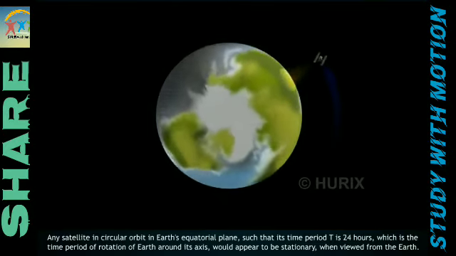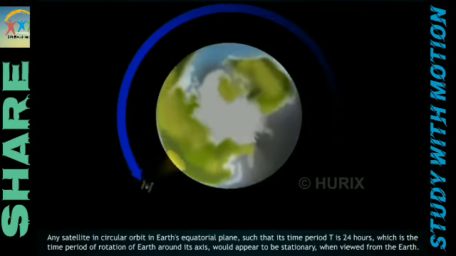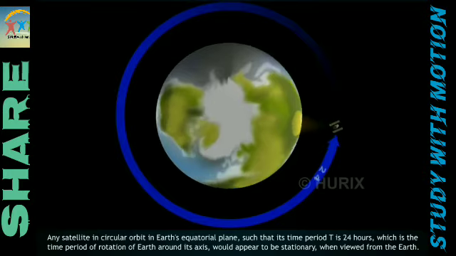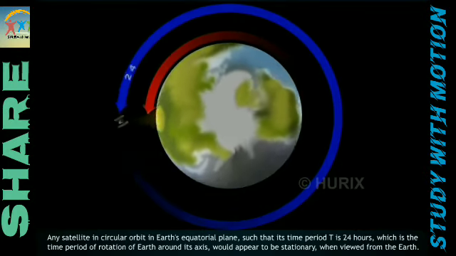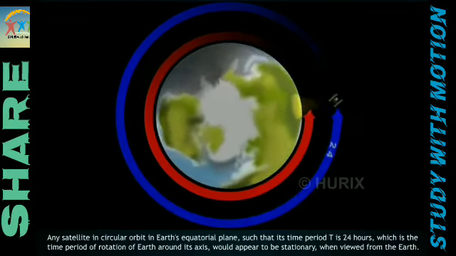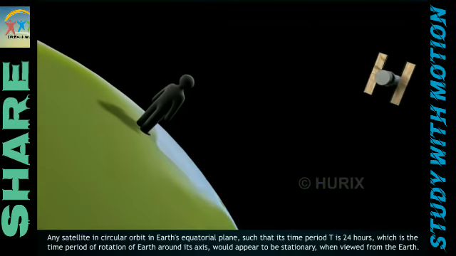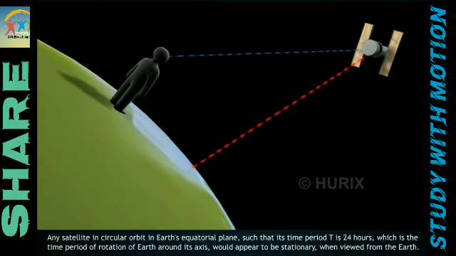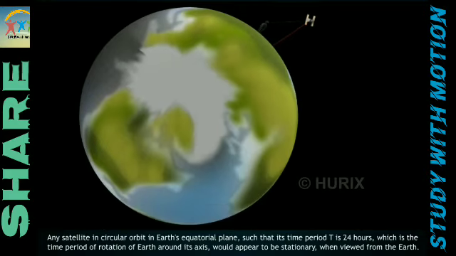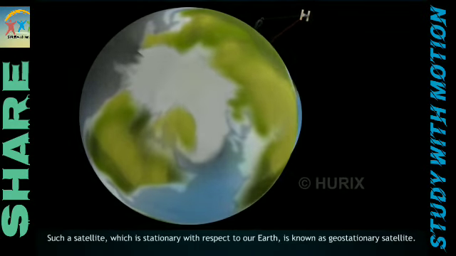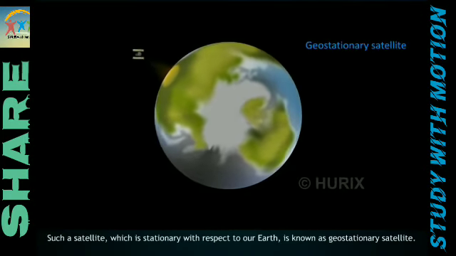Any satellite in circular orbit in Earth's equatorial plane such that its time period T is 24 hours, which is the time period of rotation of Earth around its axis, would appear to be stationary when viewed from the Earth. Such a satellite, which is stationary with respect to our Earth, is known as a geostationary satellite.